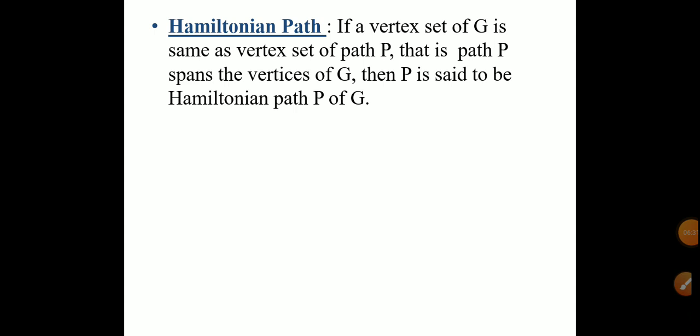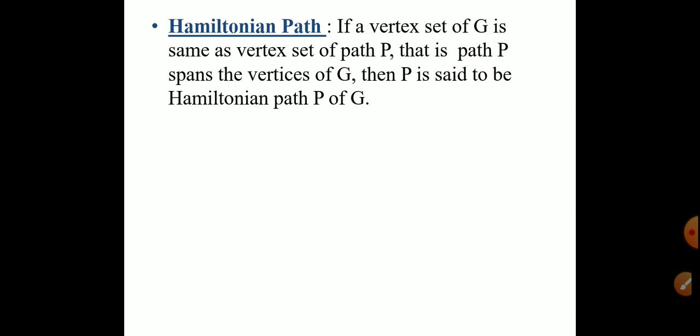If the vertex set of G is the same as the vertex set of path P, that is, path P spans the vertices of G, then P is said to be a Hamiltonian path of G. That means a Hamiltonian path is a path of the graph G which contains all the vertices of the graph.